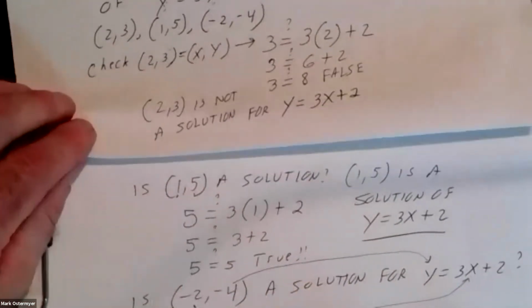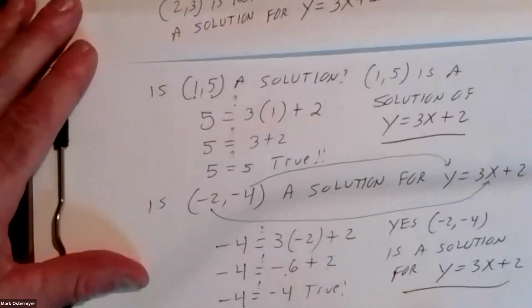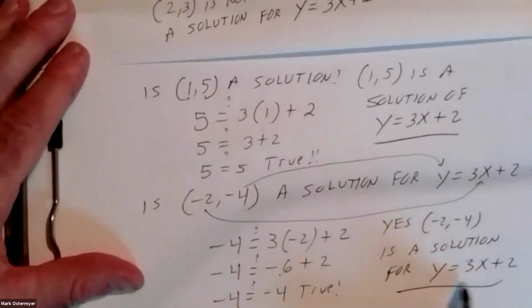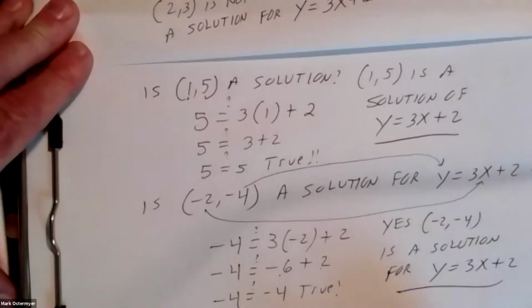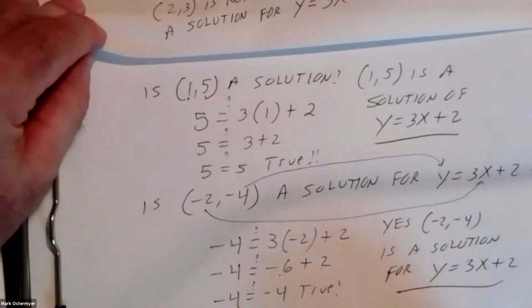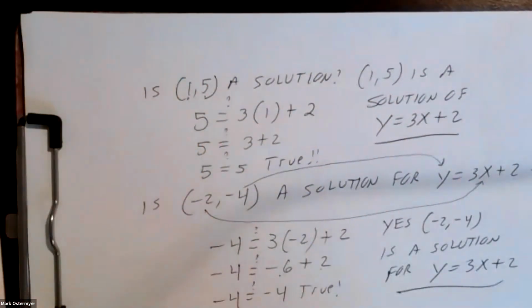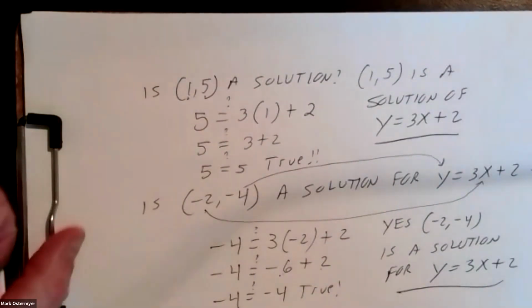Ladies and gentlemen, this equation, y equals 3x plus 2, has an infinite number of solutions. We just found 2 of them. Now, how are we going to find the other ones? We're not going to have time to find all of them because there's an infinite number of them. What are we going to do?